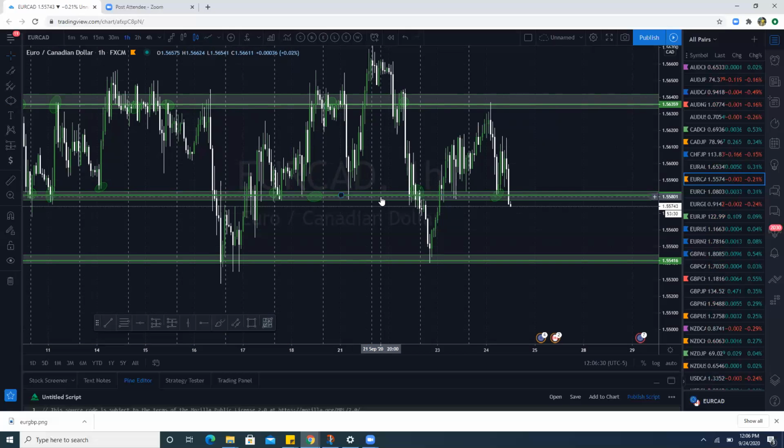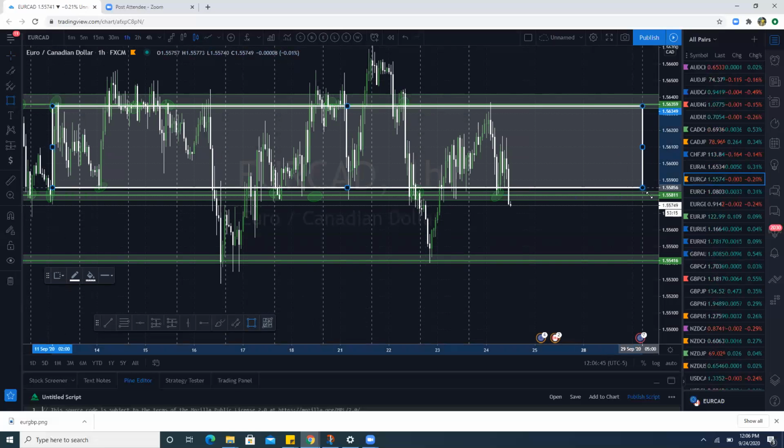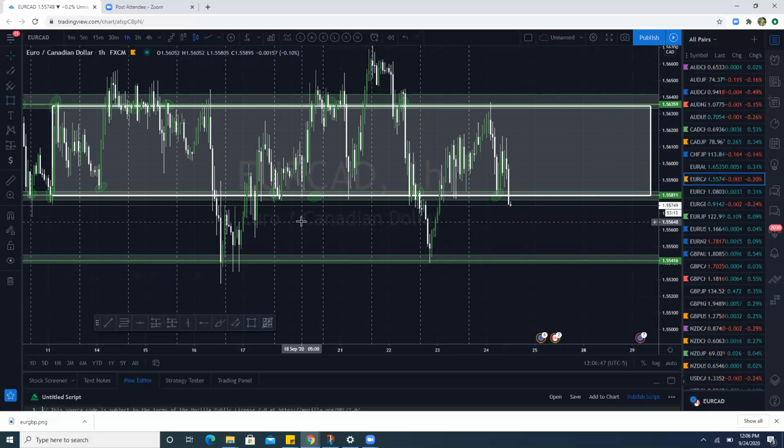So when you're looking at the live market, price is giving us a great example right here. Price was in this zone. So to highlight it, price was in this zone. That zone right there. All you're looking for is for price to tell you where it wants to go.